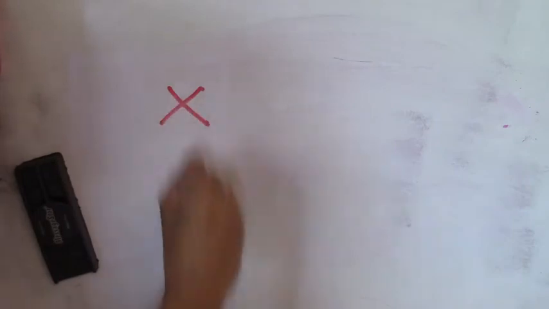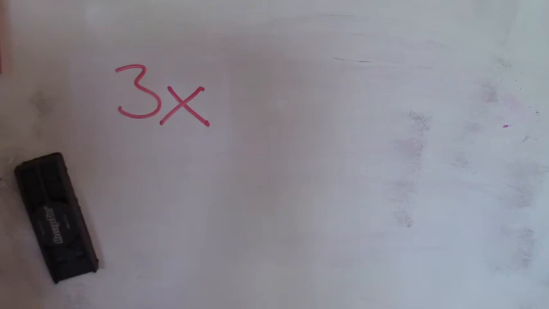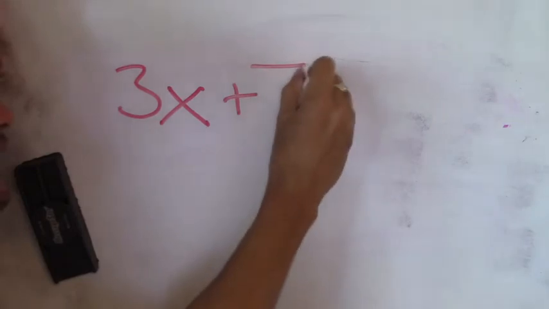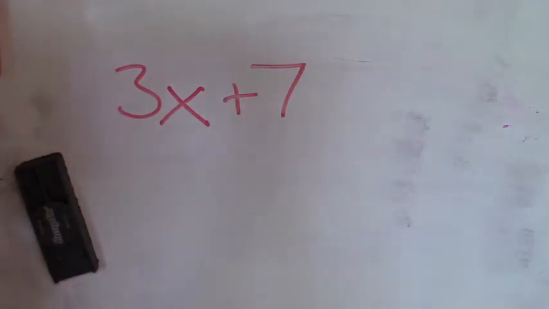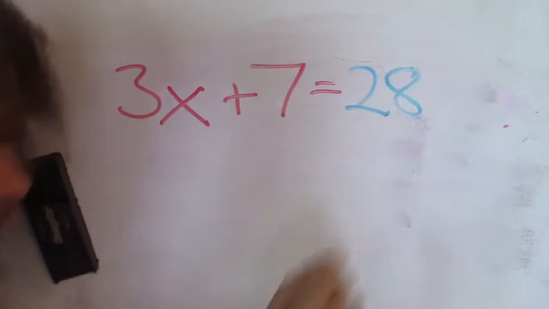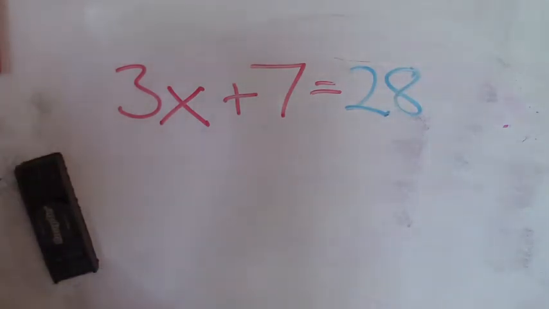Sure, do whatever you want. 3x plus 7 equals 28. Oh, that's too easy, but all right. It took me a while to think about it. I know, it's a good problem, though. I'll take it.